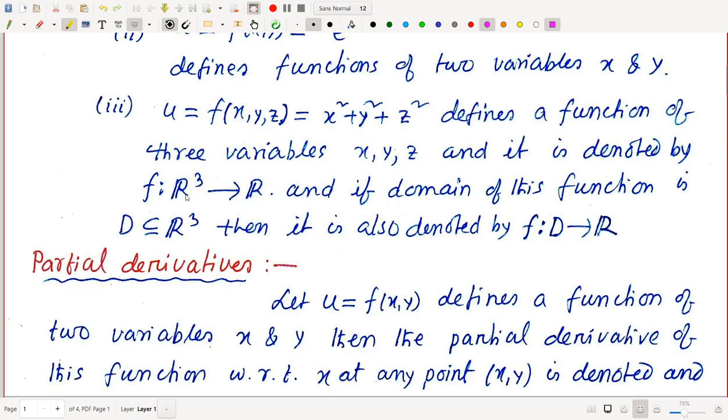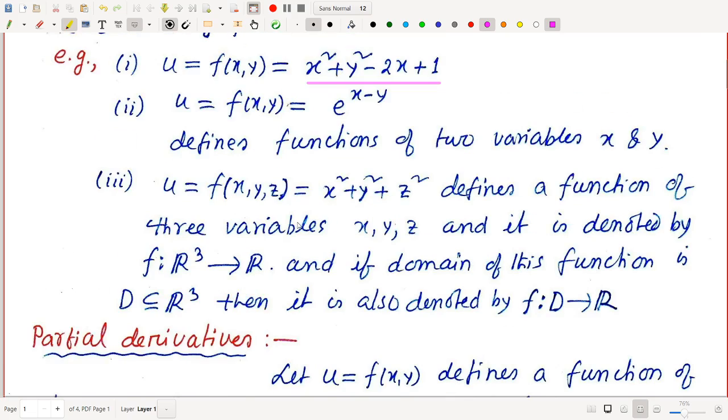R cube means the Cartesian product R cross R cross R, that is Euclidean space, three-dimensional space. X, y, z is in space. And if the domain of this function is D, a subset of R cube, then it is also denoted by f colon D tends to R.